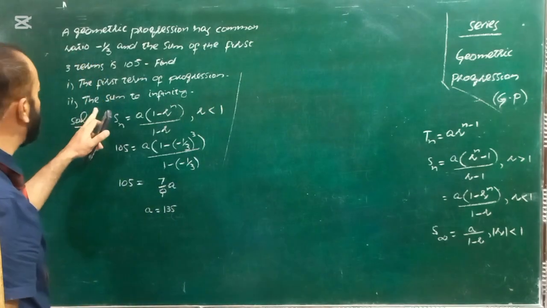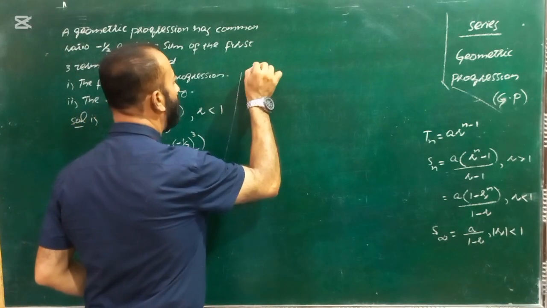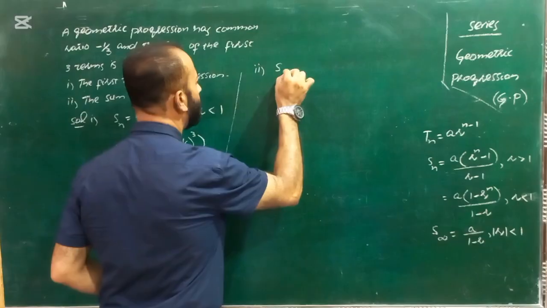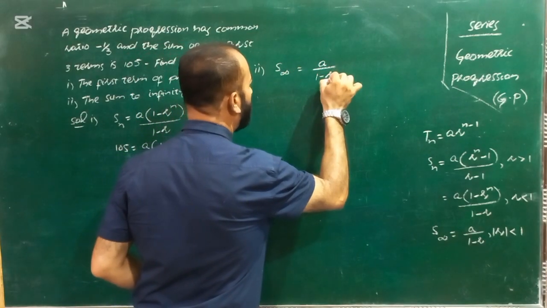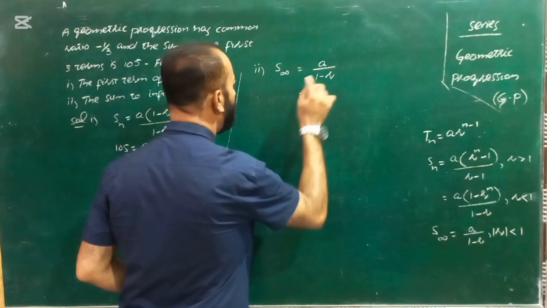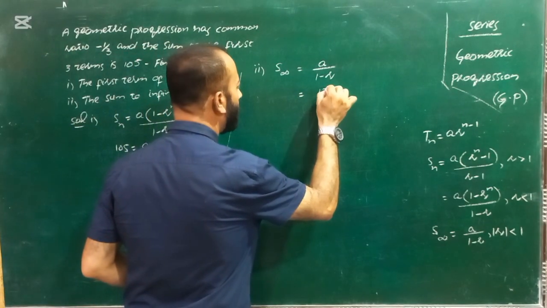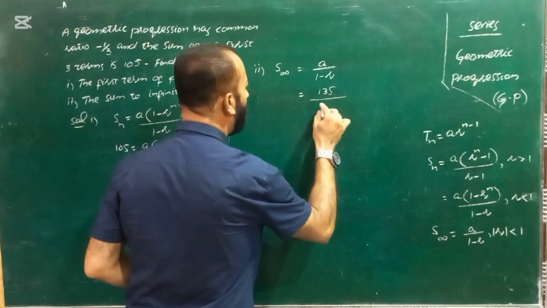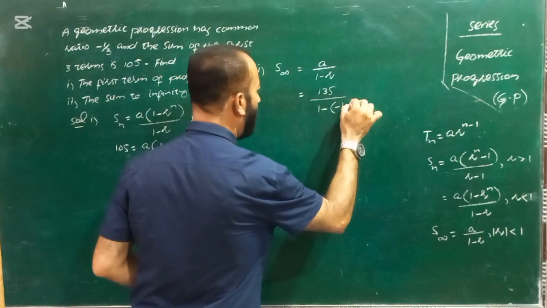Now the next thing that is required is the sum to infinity. The formula is A over 1 minus r. So putting values into the formula, A is 135 over 1 minus r, and r is minus 1 by 3.